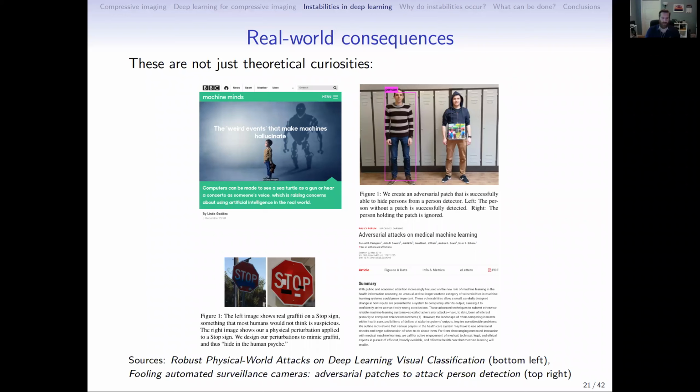The ways in which a neural network makes classification decisions, for instance, it's not clear what features are being learned to make those decisions. Okay? So if you can make a small perturbation that doesn't change the image as far as the human eye is concerned, but it changes the classification, this says that the features being learned are perhaps not the ones that we would recognize as the important features.